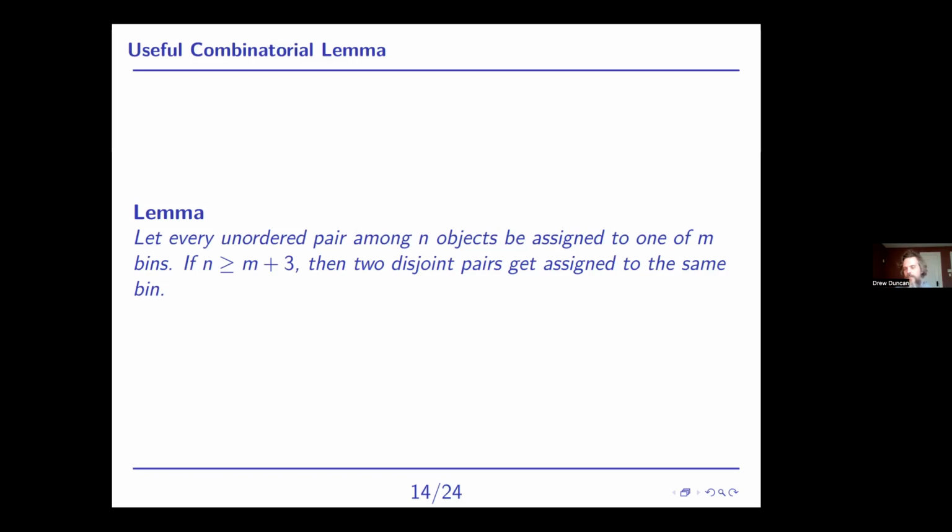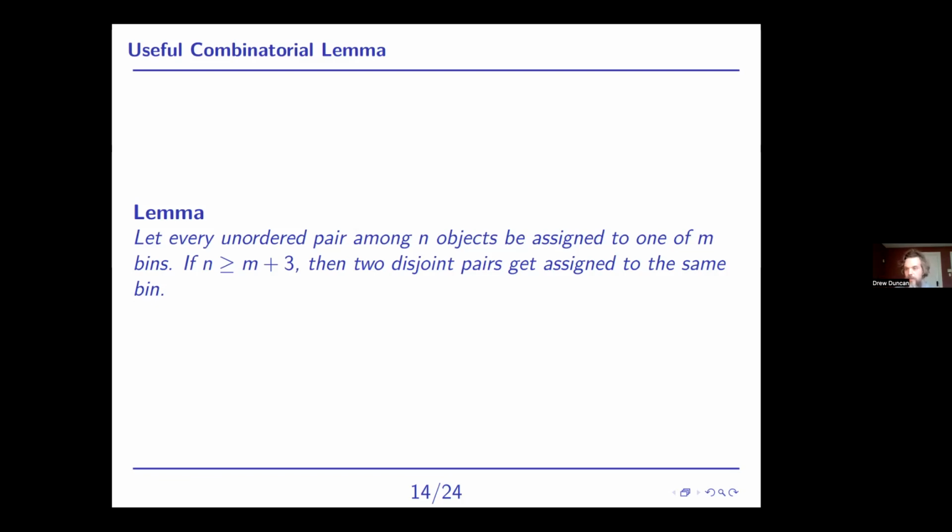Imagine that we have a bunch of objects, and for any pair of these objects, it gets assigned to some bin, some unordered pair. It gets assigned to some bin. If you know the number of bins, how many objects do you need in order to guarantee that 2 pairs get assigned to the same bin?